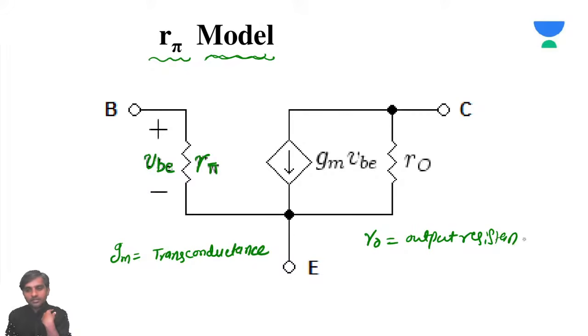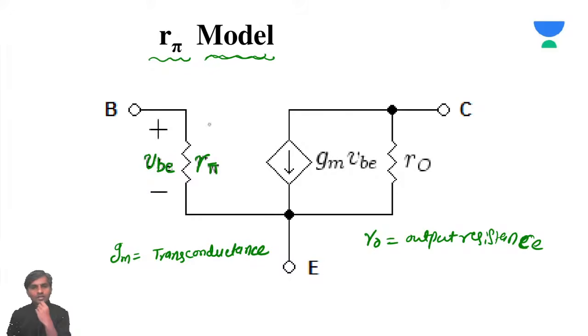But simply, what happens, sir? In many cases, this output resistance is a dynamic resistance, which we get from the output characteristics. Yes or no? Output resistance can be calculated from the output characteristics only, right? So how can the output resistance be calculated?